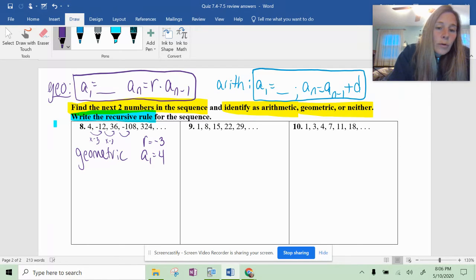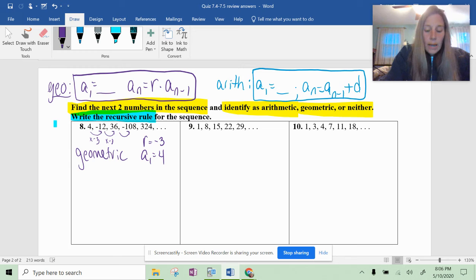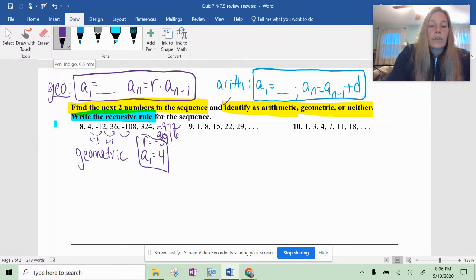Now the next two numbers, 324 times negative 3 would give me negative 972. And multiply that by negative 3, I would get 2,916. Okay. So now that I have my geometric, I've done this part of the instructions, I found the next two numbers, I now need to write the recursive rule.